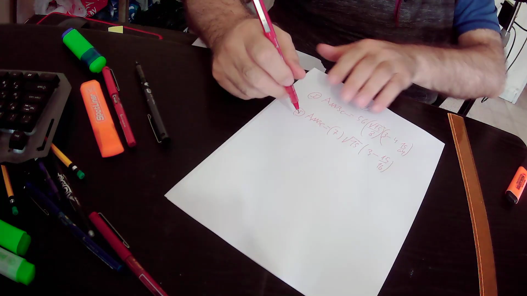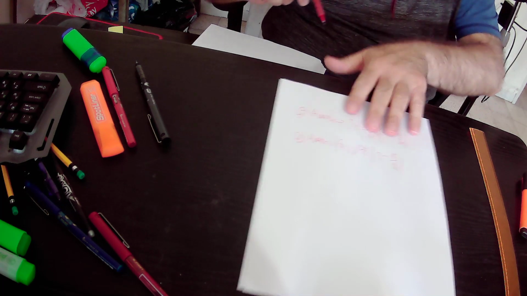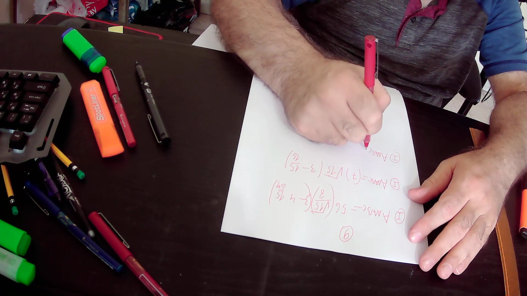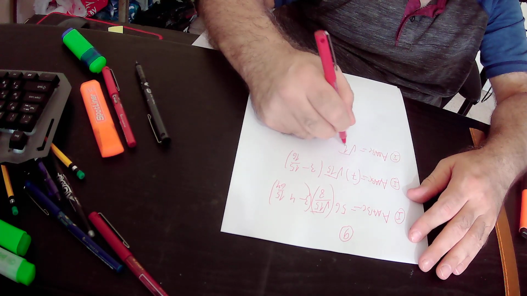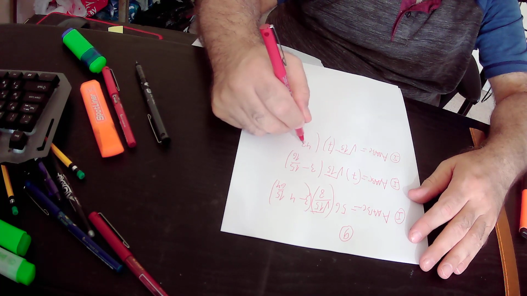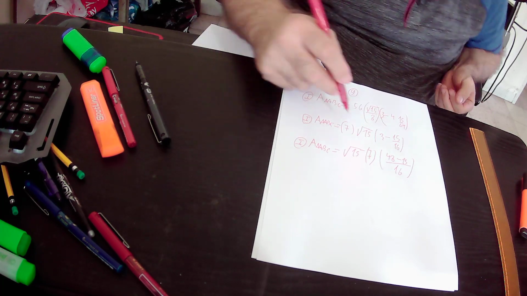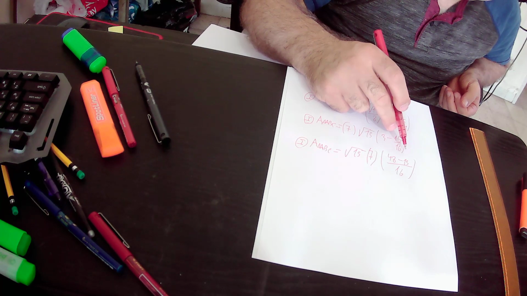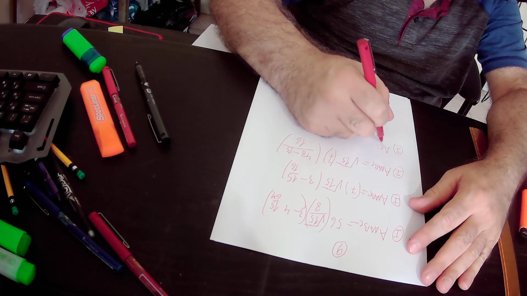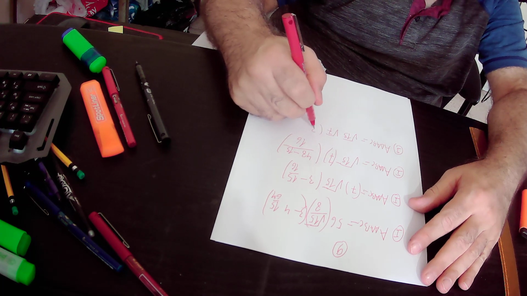Here we substitute 3 by 48 over 16 in order to have a common denominator. We get that the area of triangle ABC equals root 15 times 7 times 48 minus 15 over 16. 48 minus 15 is 33, so the area of triangle ABC equals 7 root 15 times 33 over 16.